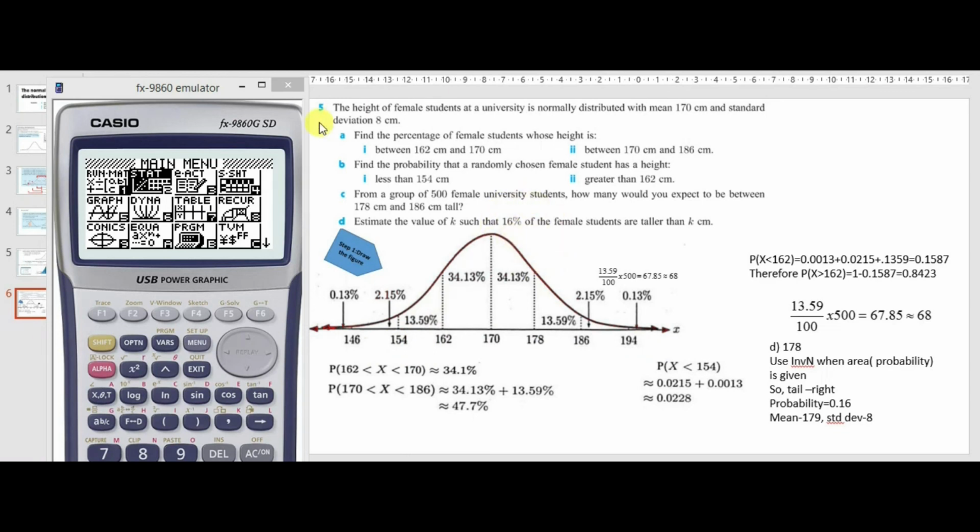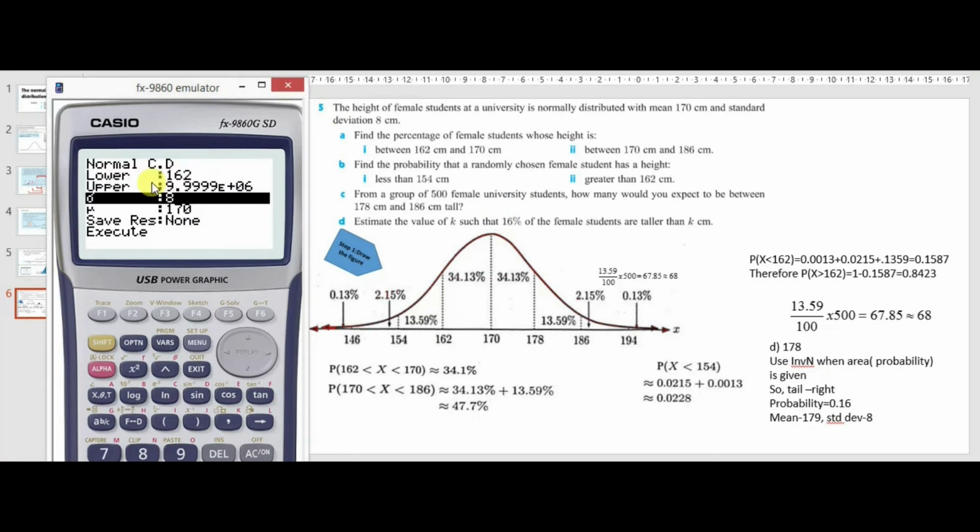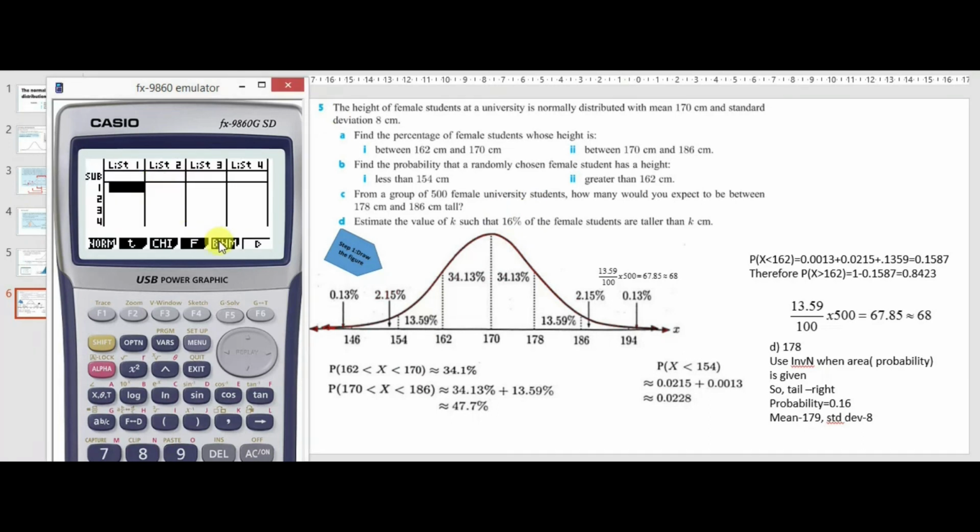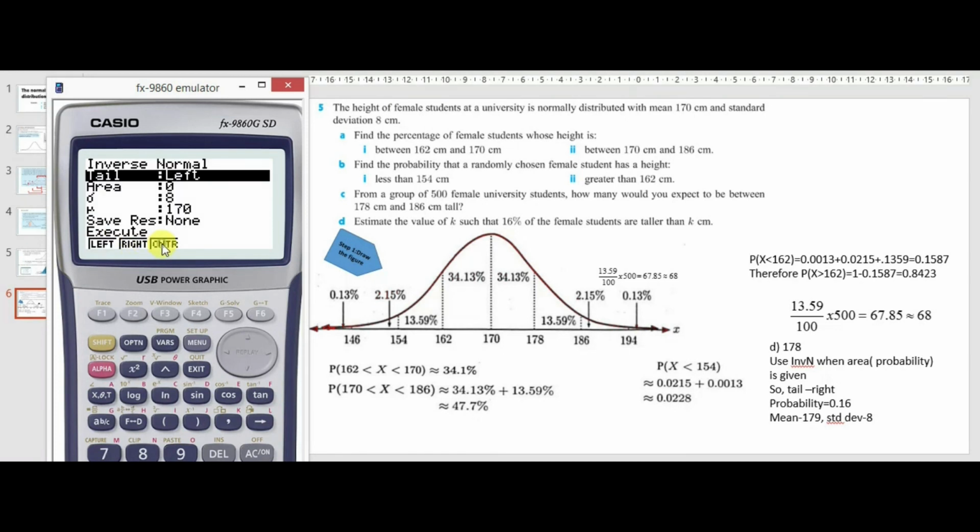To do this, I'll go to stats. This time I'll go to distribution, and now because the area is already given to me, I'm going to use the inverse function. Now in the inverse function, I'm going to choose the tail. Tail is when you're reading the data from the left side.